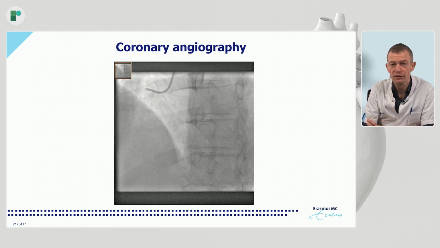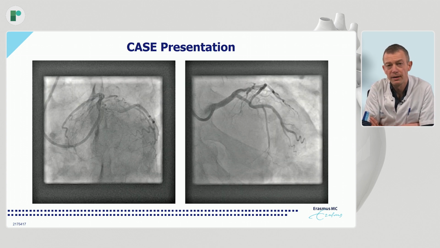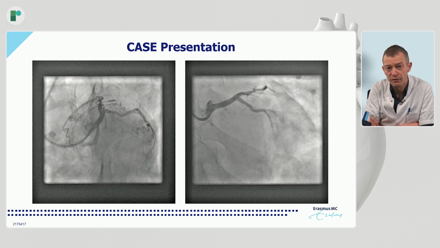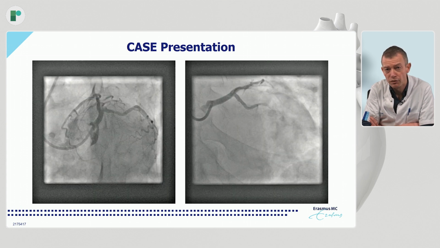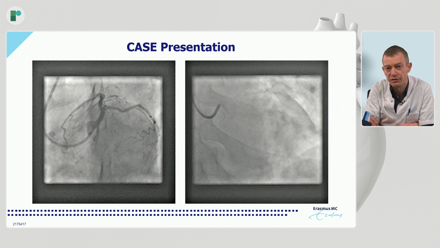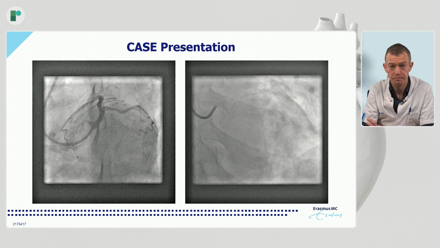But obviously the fun started on the left side with a left main that looked nice and patent as you would expect, a circumflex free of significant disease, and a proximal, at least osteo part of the LAD that in this spider and caudal projection appeared to be normal.